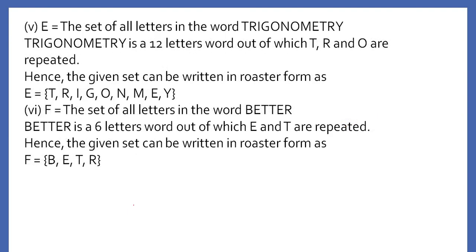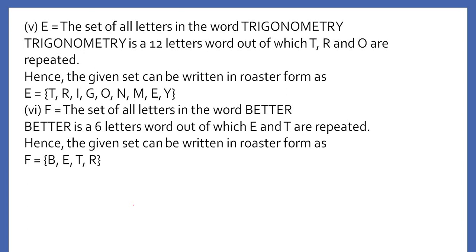Next, set builder notation, the set of all letters in the word trigonometry. Trigonometry is a 12-letter word, but since a set contains each element only once, we will take the elements only one time. In this word T is repeating twice, we will take only once.